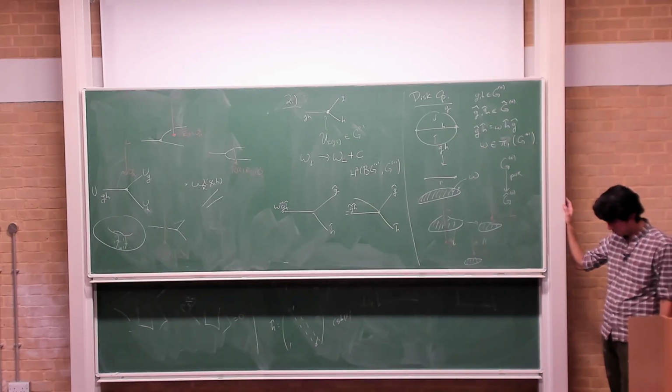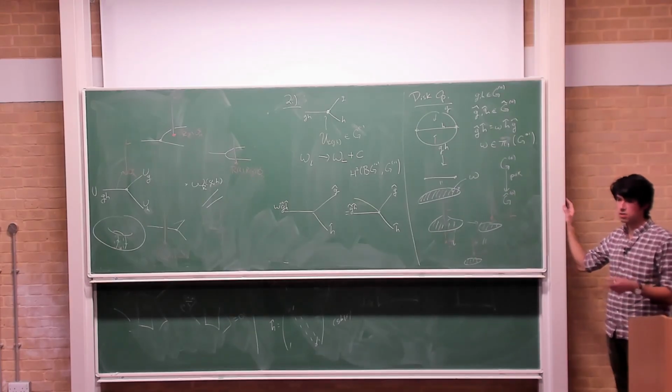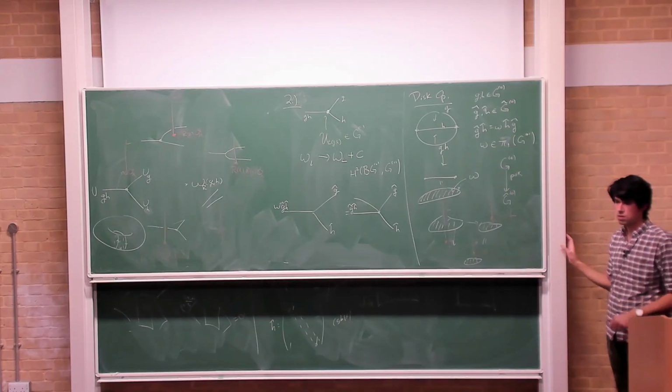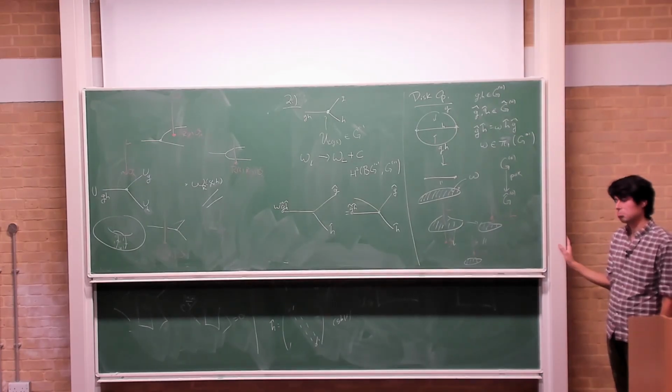The large distance one is one way to think about confinement, but on compact manifolds it's actually more sharp because it's either 1 or 0. It's either 0 or generically non-zero, I guess.